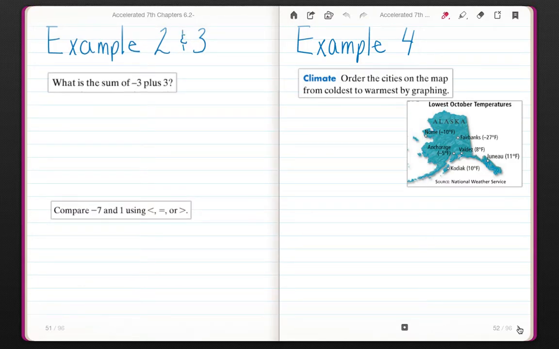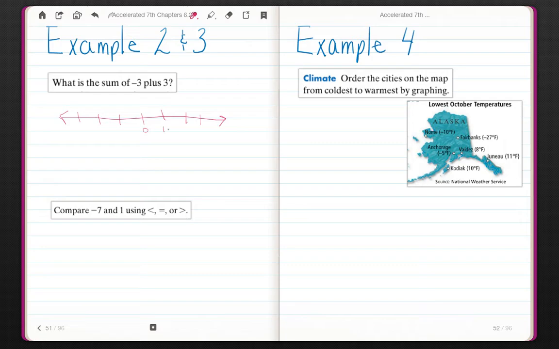So what is the sum of -3 plus 3? Well, I'm going to think about this on a number line here. 0, 1, 2, 3, -1, -2, -3.